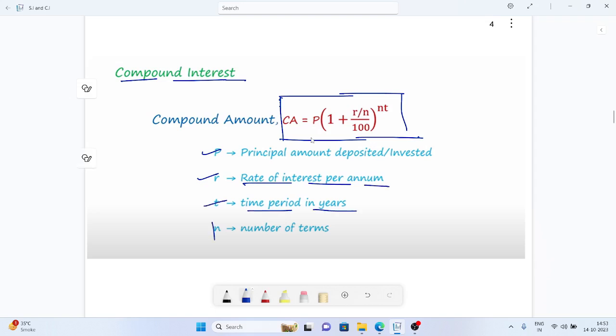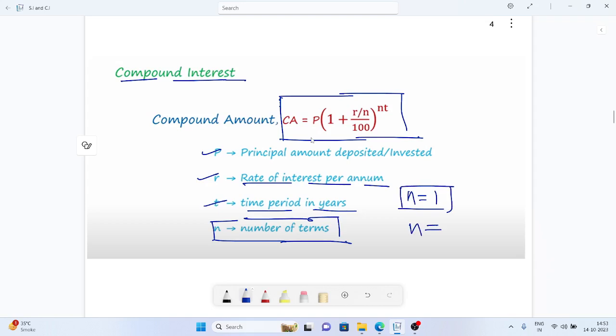Here a new term comes, where N is the number of terms. Further on, when we move forward, I will tell you what N is and how we calculate N. So N is the number of terms, meaning how many times you are paying the amount. Like if you pay only one time, in one go, then N equal to 1.